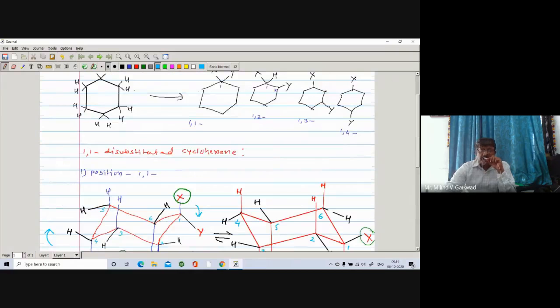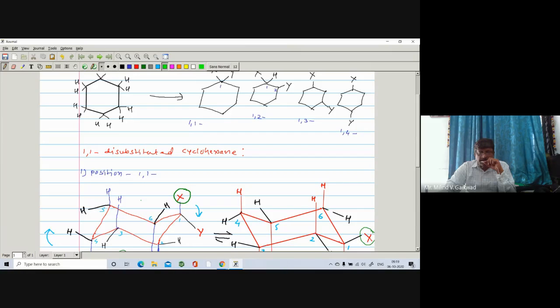So here, if you see this compound, we can pass a plane passing through carbon number 1 and carbon number 4, right?